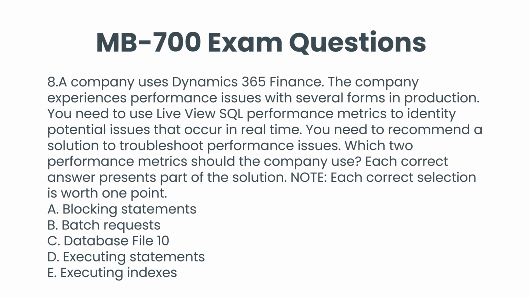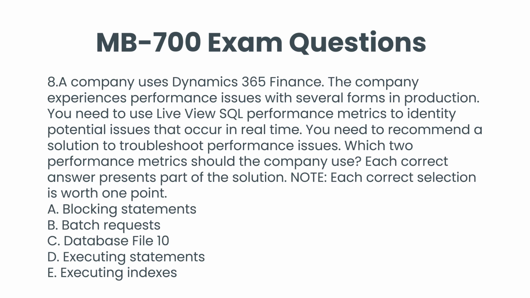8. A company uses Dynamics 365 Finance. The company experiences performance issues with several forms in production. You need to use live SQL performance metrics to identify potential issues that occur in real time. You need to recommend a solution to troubleshoot performance issues. Which two performance metrics should the company use?